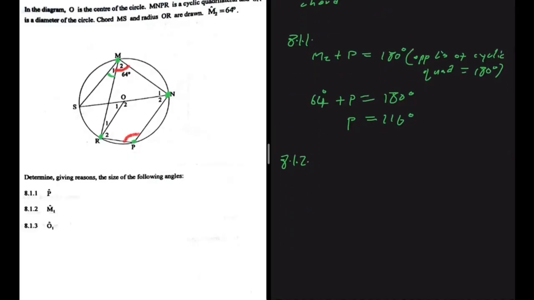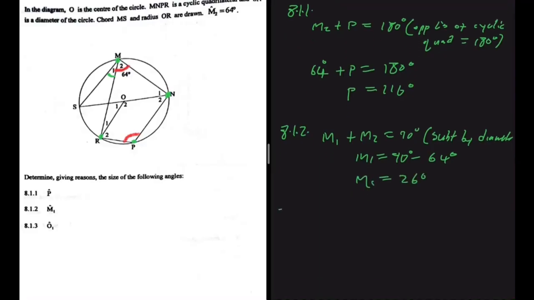Why are we saying that it should be equal to 90 degrees? Because it's being subtended by a diameter, right? So now we can say that M1 should be equal to 90 degrees minus 64 degrees, right? That is M2. So M1 should be equal to 26 degrees.